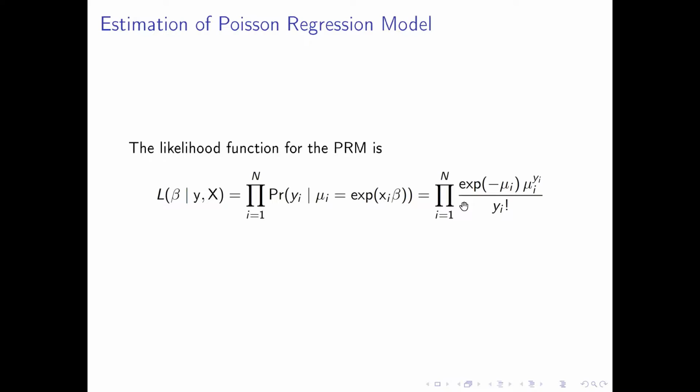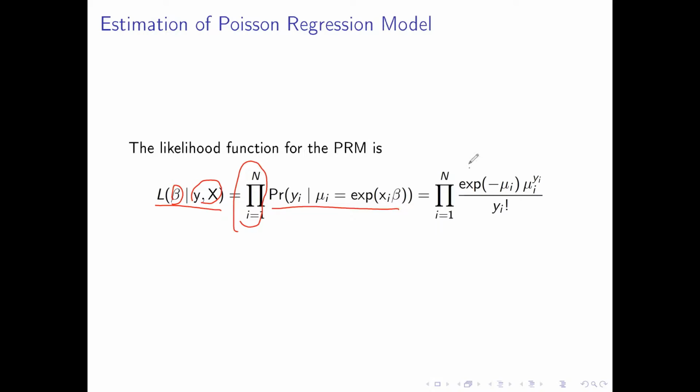If that assumption holds, then the likelihood of observing the data, denoted by L here, given the data and the beta, basically the parameters that are to be estimated, can be expressed as a product of the individual probabilities.